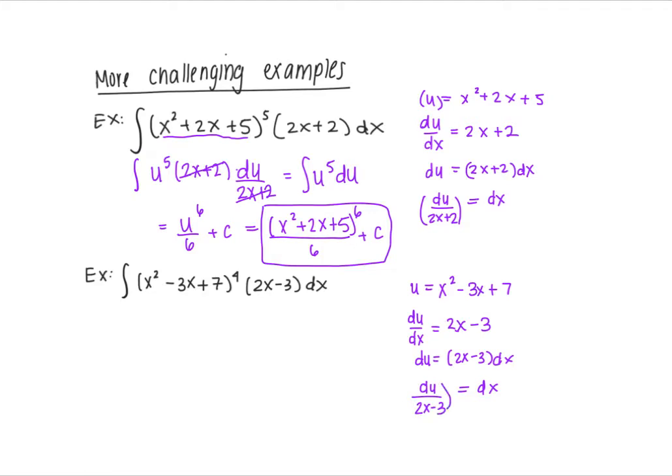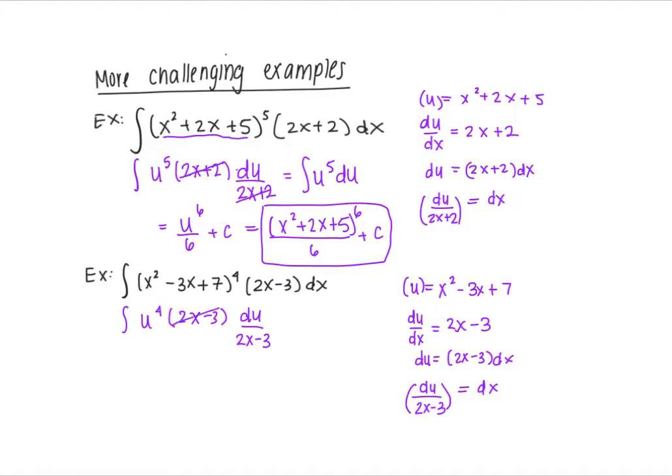So I can substitute all of this for dx and all of this for x squared minus 3x plus 7. So now I have the integral of u to the 4th, and then replace dx with du over 2x minus 3.